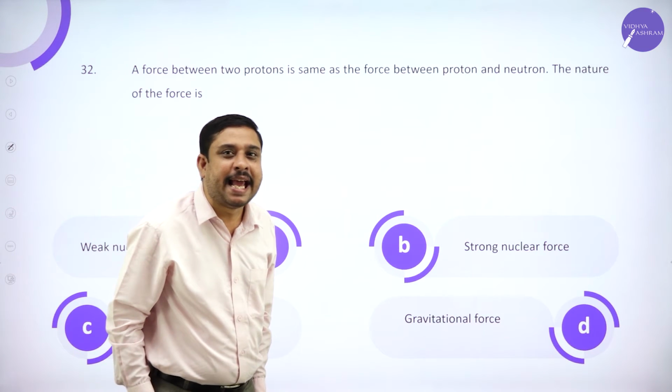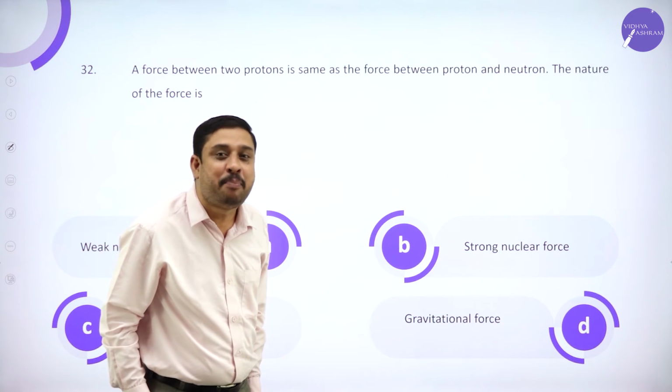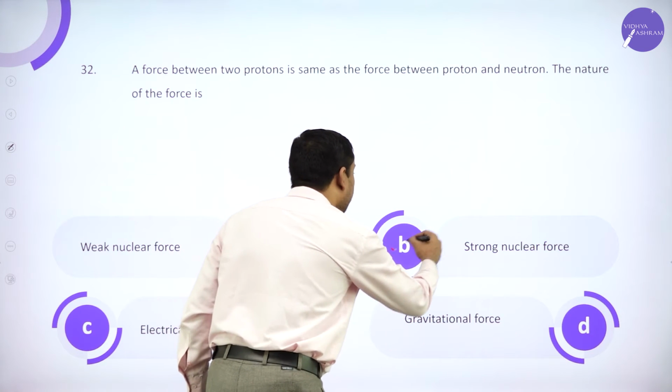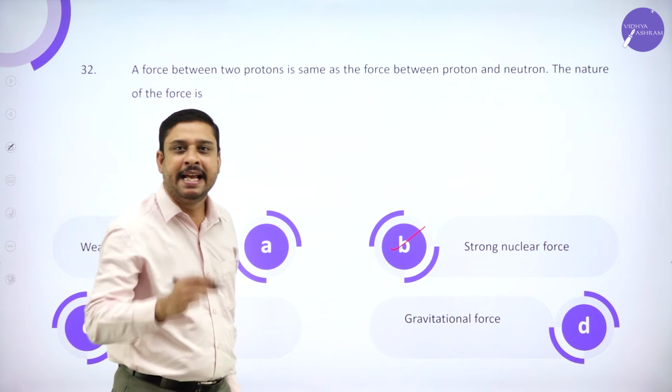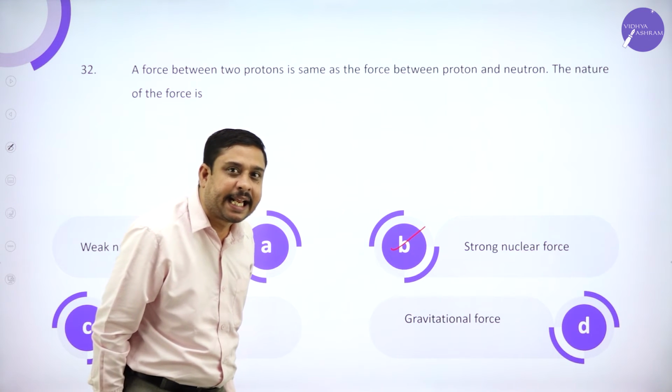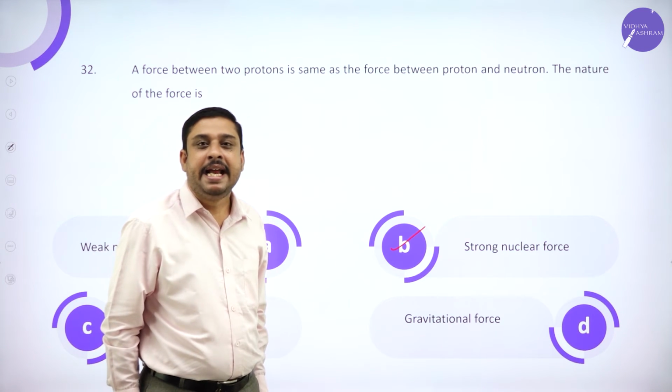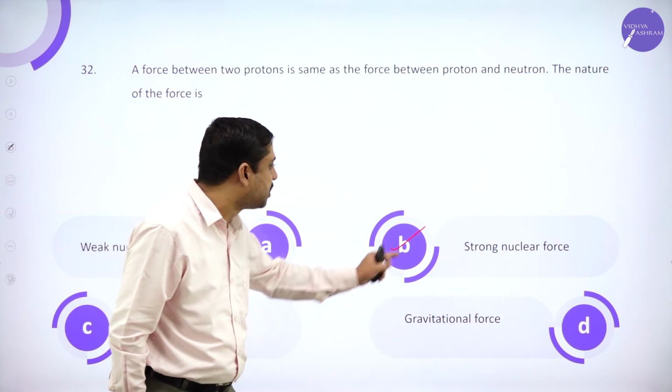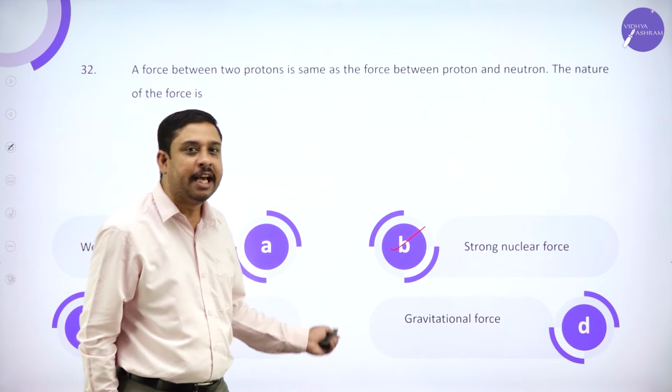Which force in nature is charge independent? Strong nuclear force. It doesn't depend upon the charge of the interacting particles. Independent of the charge, so strong nuclear force.